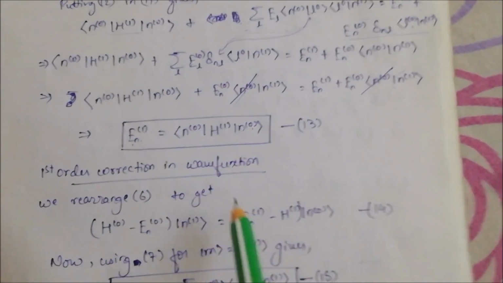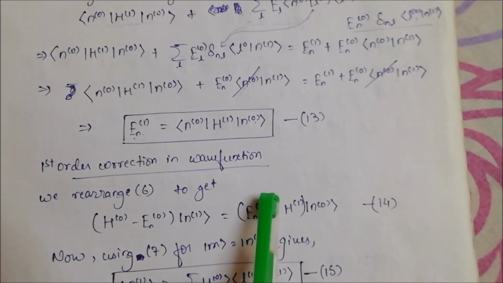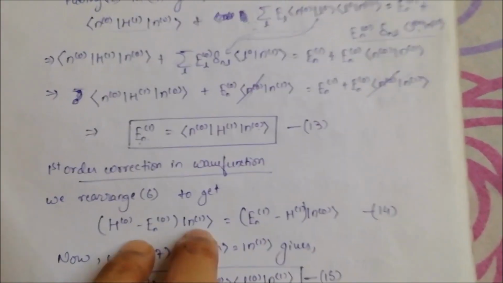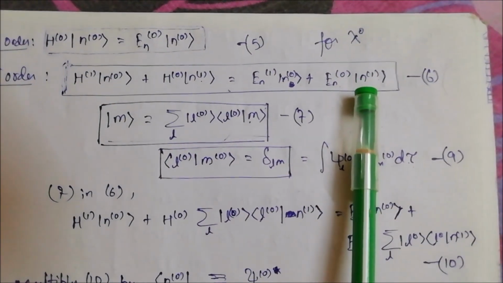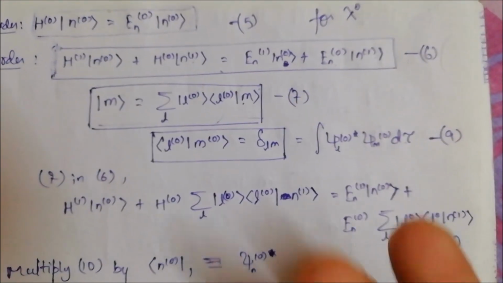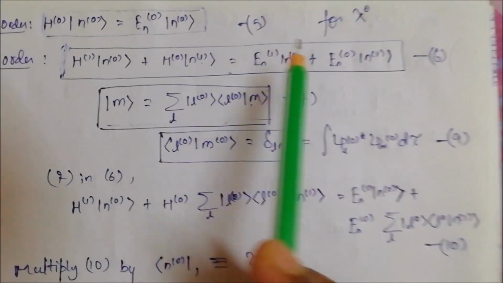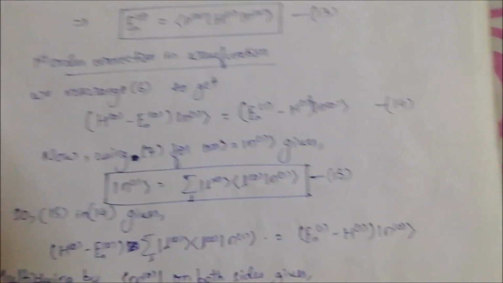Similarly, now we need to get the first order correction in the wave function. So again, we look at equation 6. We now rearrange this equation and collect the same wave functions on one side. So it looks like this.